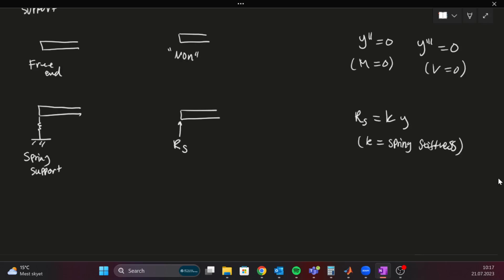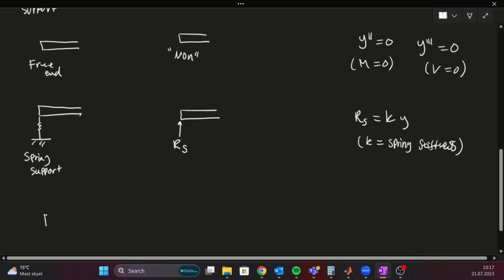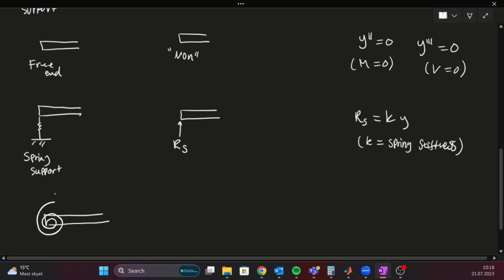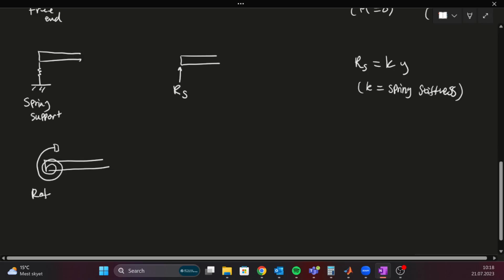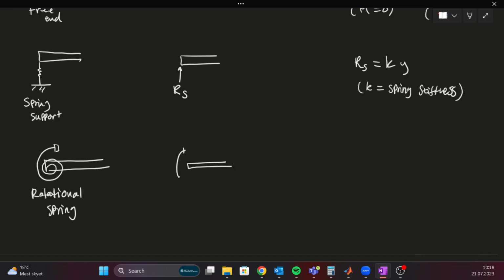And the last one is if we have a beam with something called a rotational spring. We call this a rotational spring. It will have the reaction force like this, MS, just a moment.